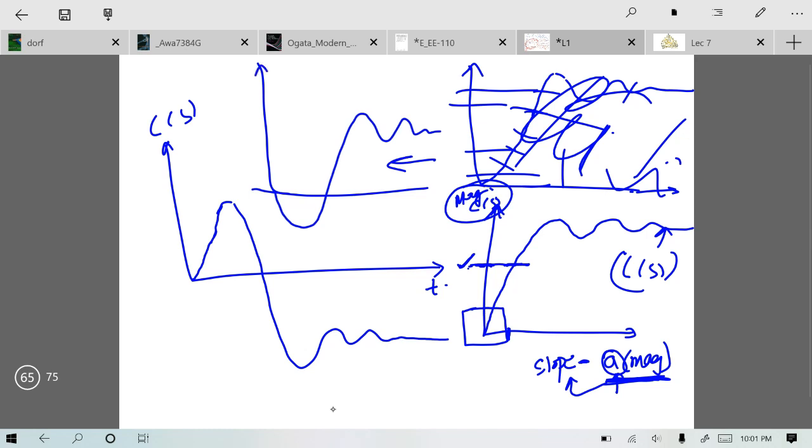This is the inverted version of this response. In this case, the input is reversed, or we have taken the negative of the input. If the step input over here was 1 over s, then if we have applied minus 1 over s over here, the response would be of this shape.